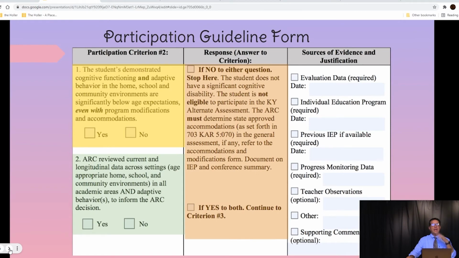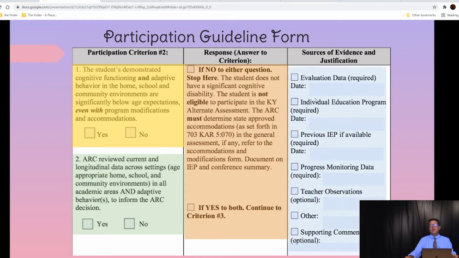If we answer yes to both of these, yes, the student demonstrated the cognitive functioning and adaptive behavior, and yes, this happened across time, longitudinally, it is happening currently, and we've seen evidence consistently in all of these environments, across the home, the school, and the community, and the need for this emerging in both academic pursuits and functional pursuits, and it's documented well in our sources of evidence.